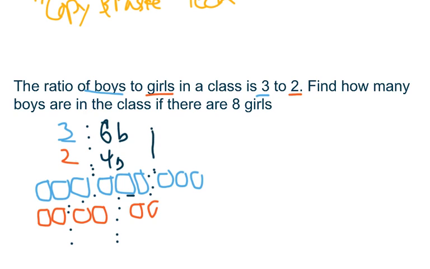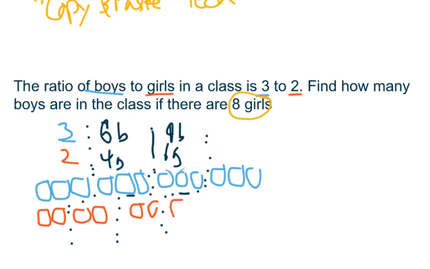Now in this version, I have 9 boys, 6 girls. I'm going to clean that up. That looks bad. 6 girls. Looks a little better. Still not what I wanted because I'm going for 8 girls. So finally, I'll copy it one more time. 1, 2. Now I have 8 girls, the 8 girls I wanted.